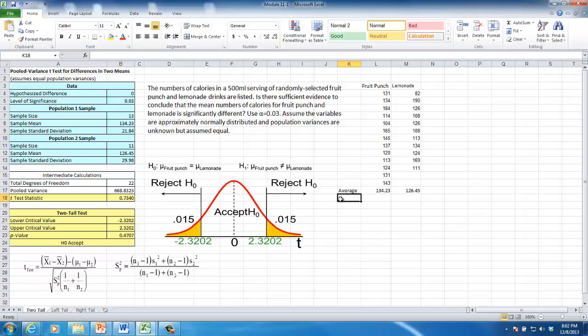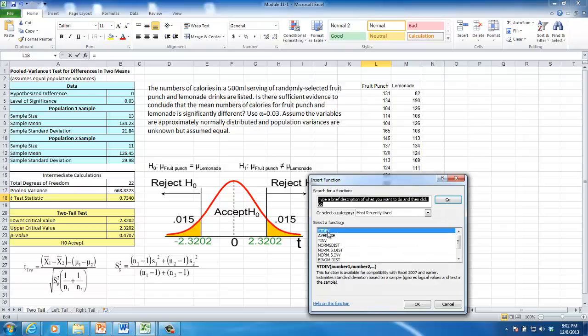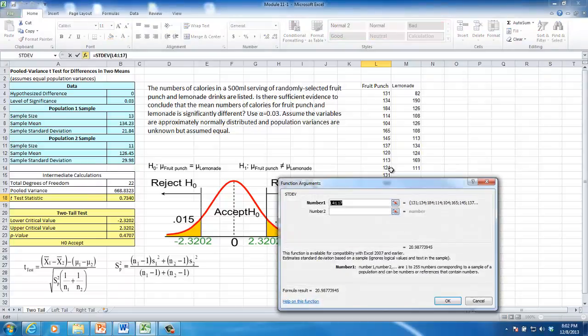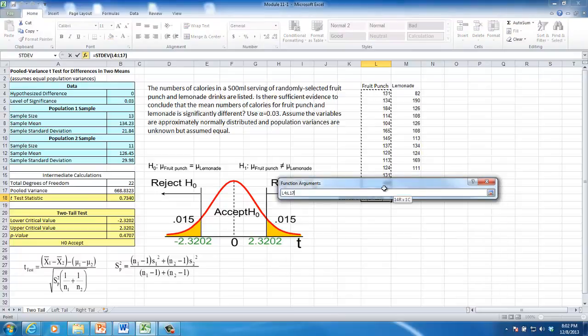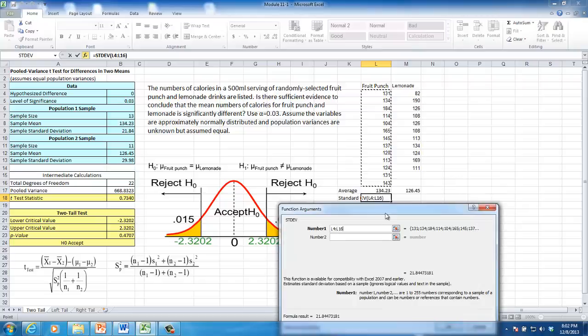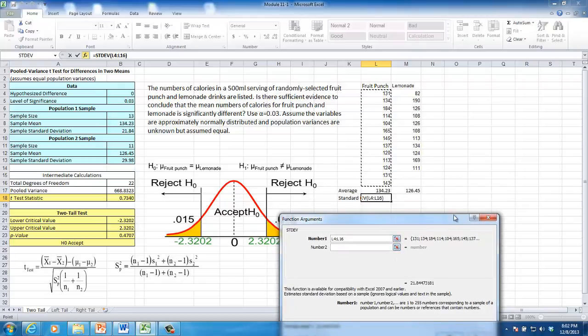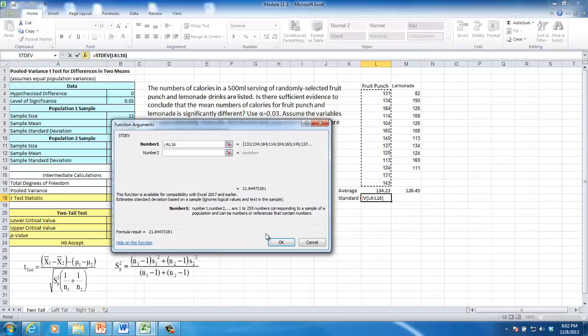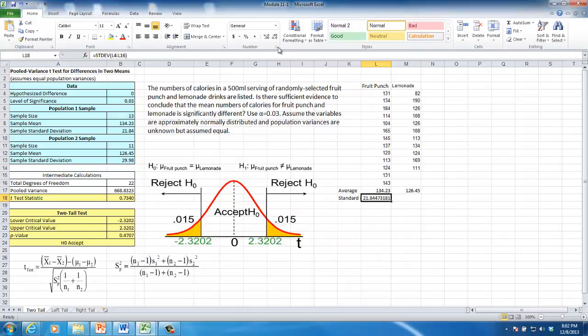Now I need to find the standard deviation. I do the same thing. I go to function STDEV for this data, and the decimals should be only 2 decimals.